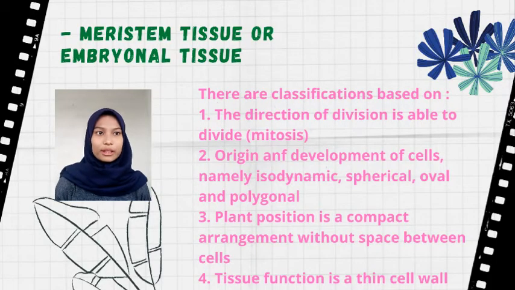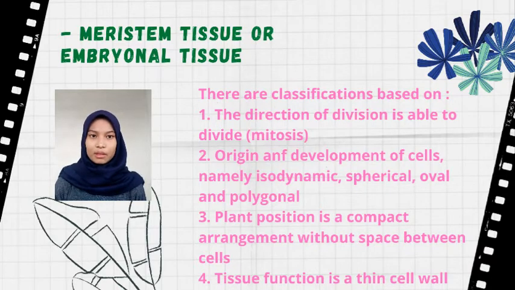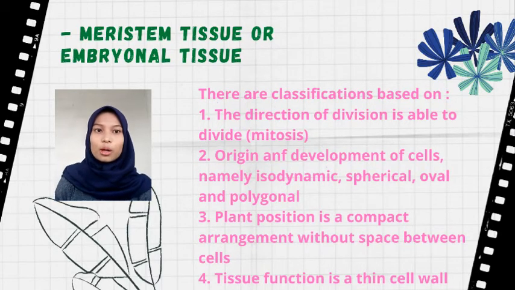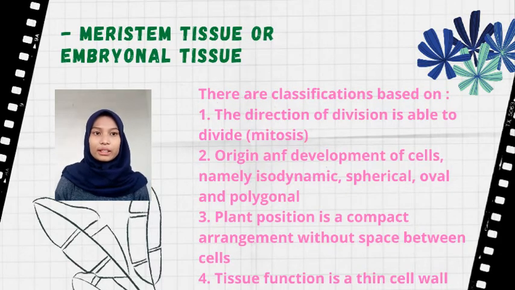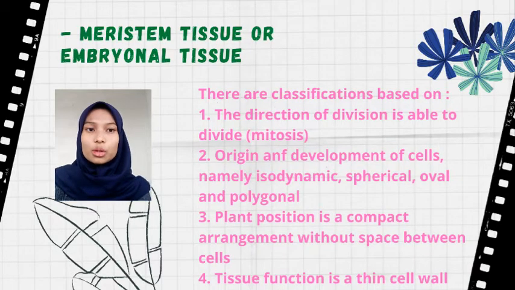There are several tissues in plants, namely meristem tissues or embryonal tissues. The cells are meristematic. There are classifications based on: 1. The differentiation of division, able to divide by mitosis. 2.